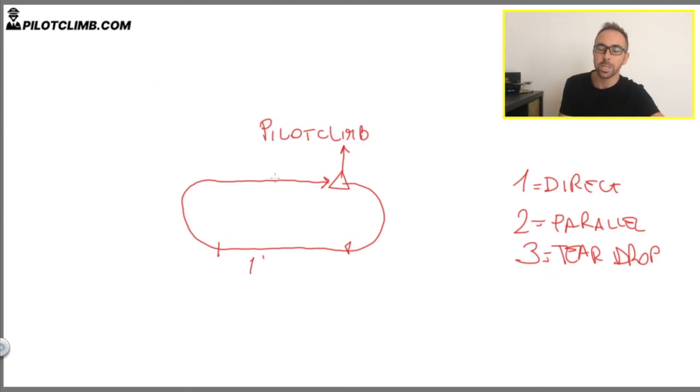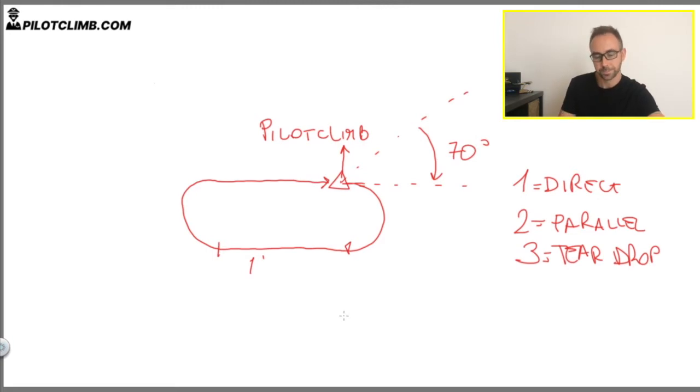The way we do it, and the best way to remember, is that you have to take the inbound and draw an imaginary line. You draw this line here, okay. And then what you have to do, you take from the fix, you draw a line that goes outbound of the fix at 70 degrees.